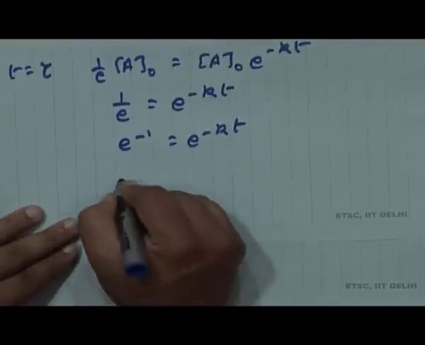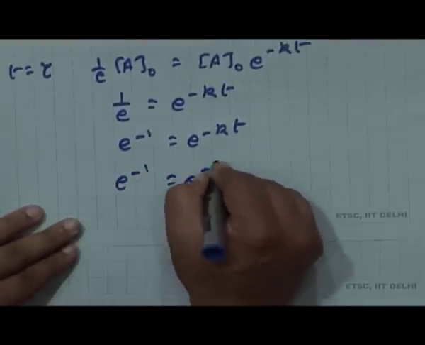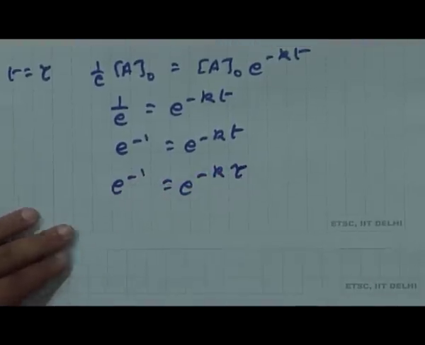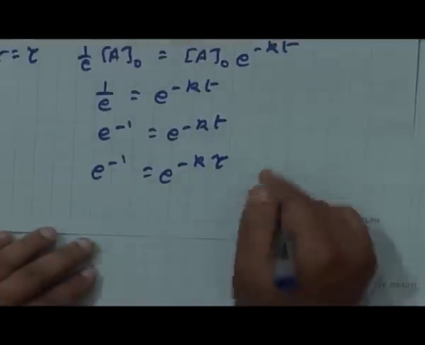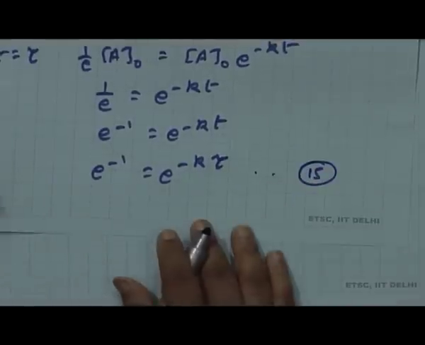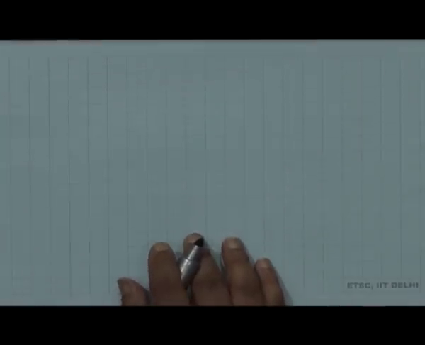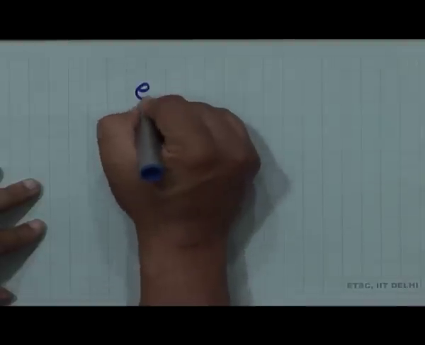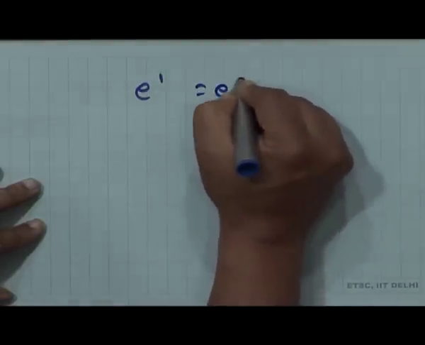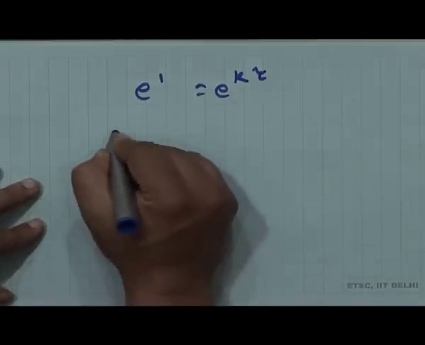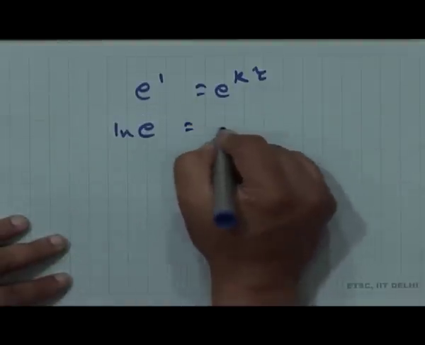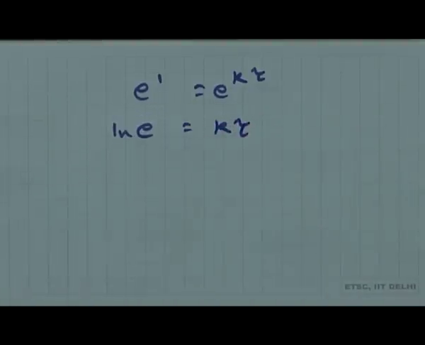So now I can write e to the power minus 1 is equal to e to the power minus k times tau, where I have replaced t by tau because tau is the relaxation time. Then once I have this, if this is say 15 for me, then I can easily write e to the power 1 is equal to e to the power k tau, or I take natural log on both sides, it does not matter, this is equal to k tau.